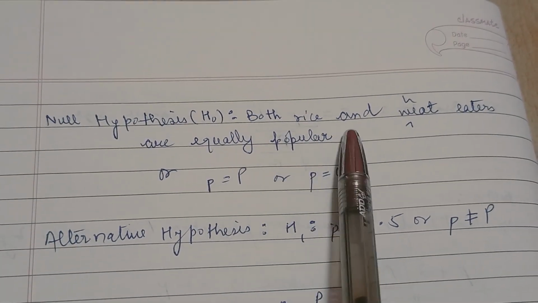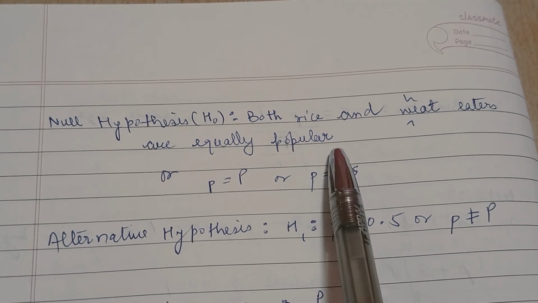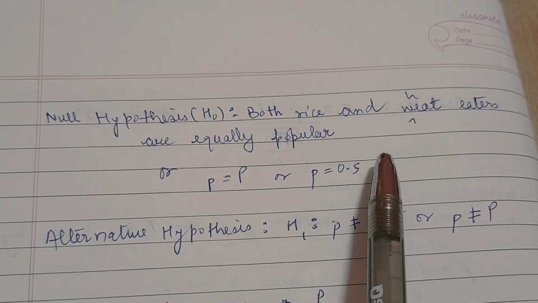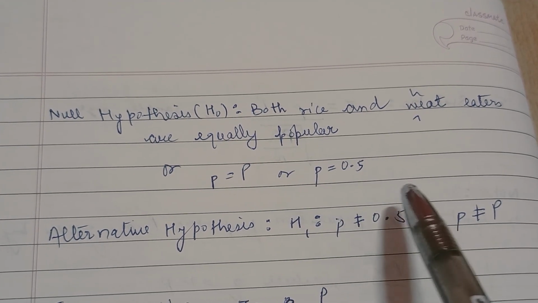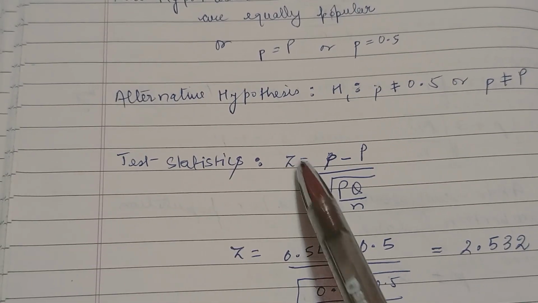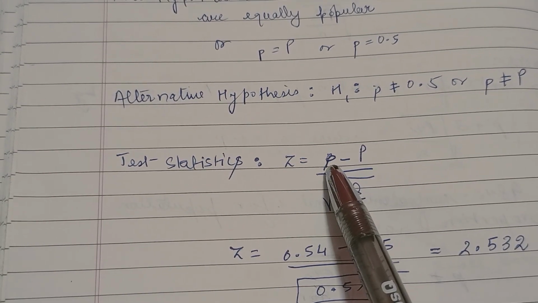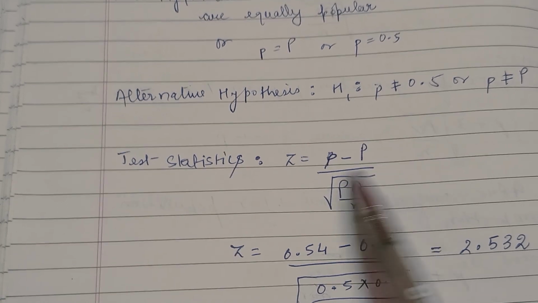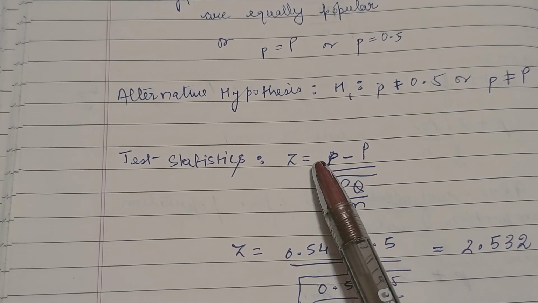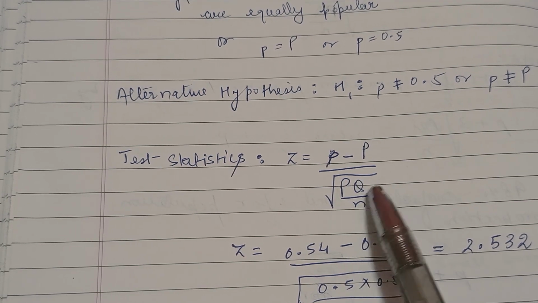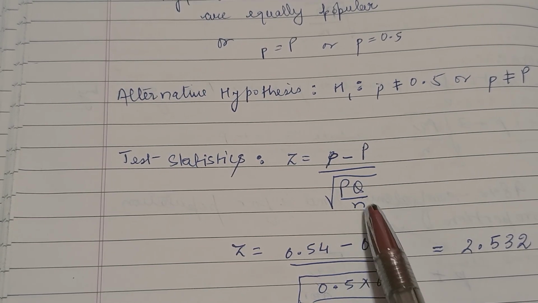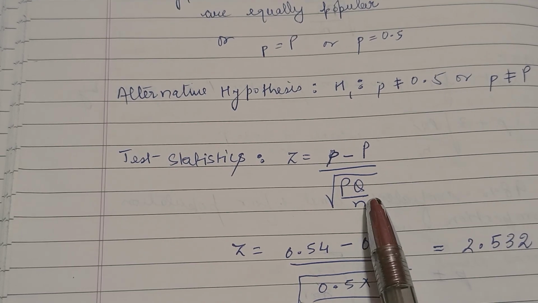H naught is that both rice and wheat eaters are equally popular. You remember, we read in the procedure that we need to fix H naught. You know the formula of Z: small p minus capital P, divided by the square root of capital P into capital Q by small n.